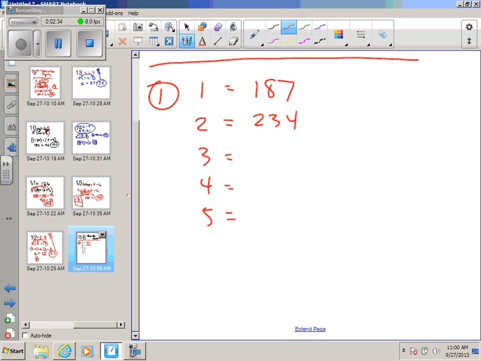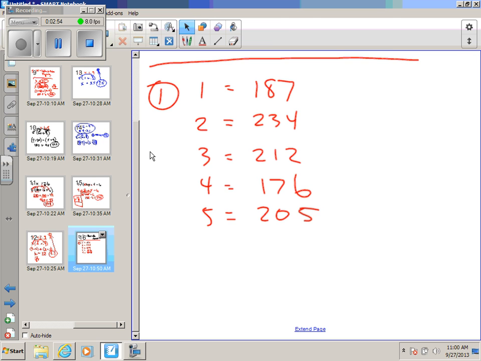Third performance, 212. 176. And finally, 205. All right. Now, Amy estimates that we had about 1,000 people there in all, over the 5 performances. What are we going to do to decide whether or not she's close or it's a reasonable answer?